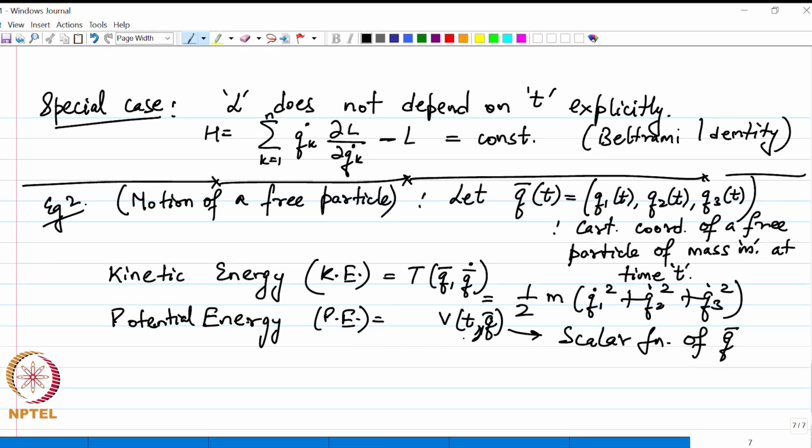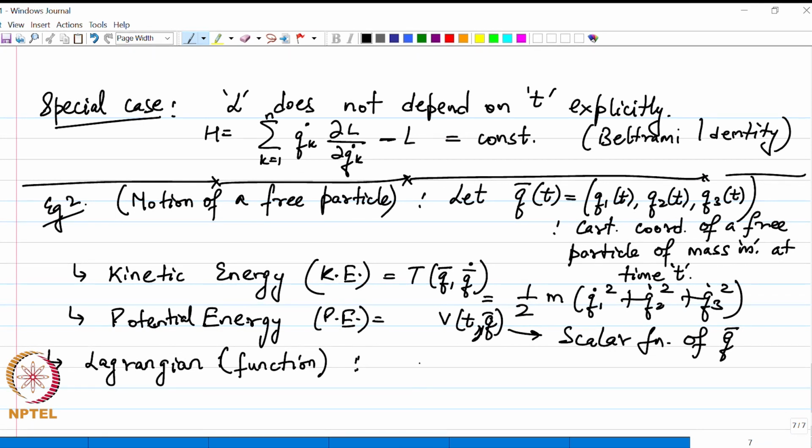So, let us continue. This is the kinetic potential. We also now describe the so called Lagrangian, right. So, what is the Lagrangian? In calculus of variation language, the Lagrangian is basically the integrand of the functional.